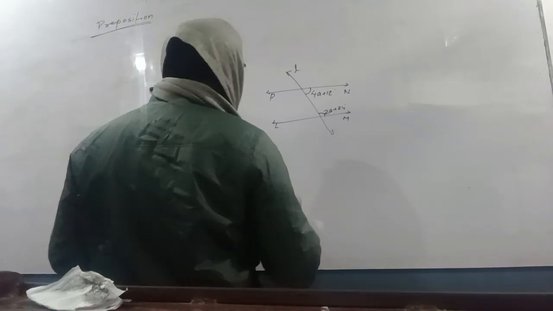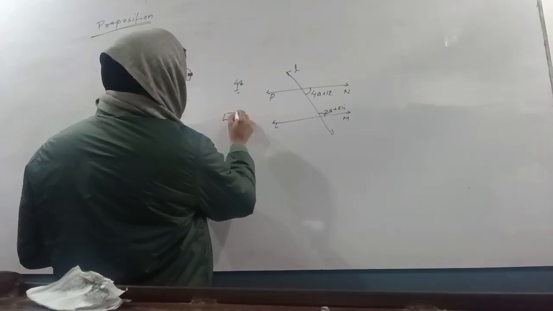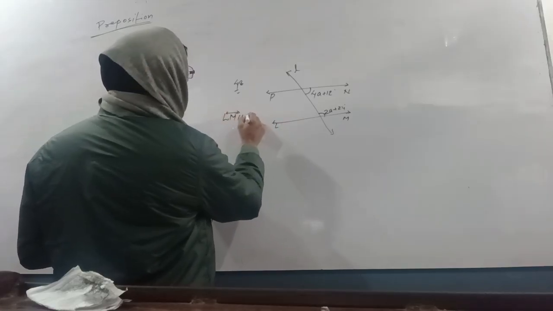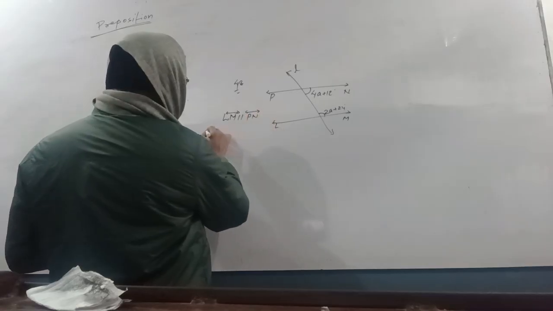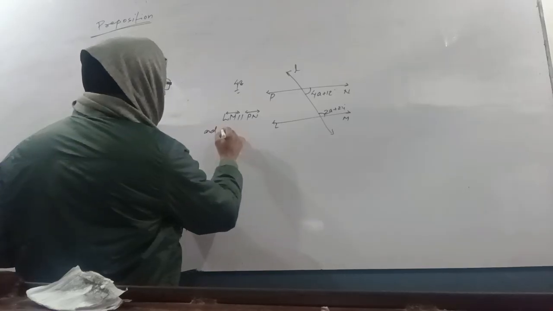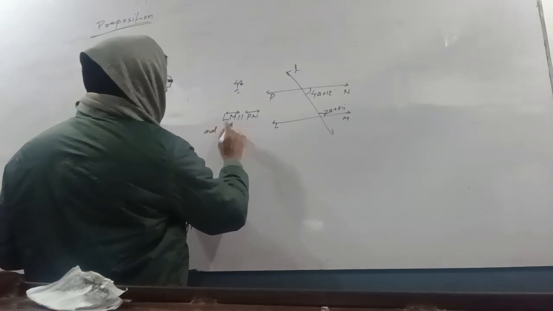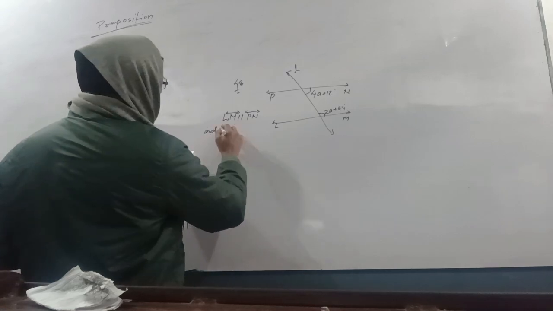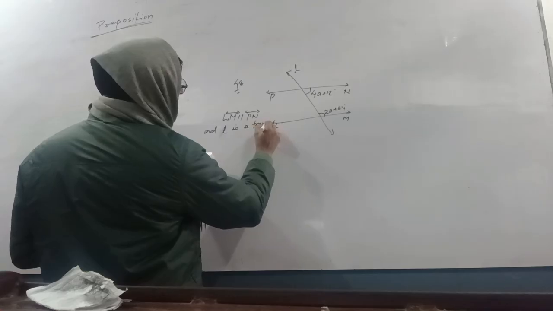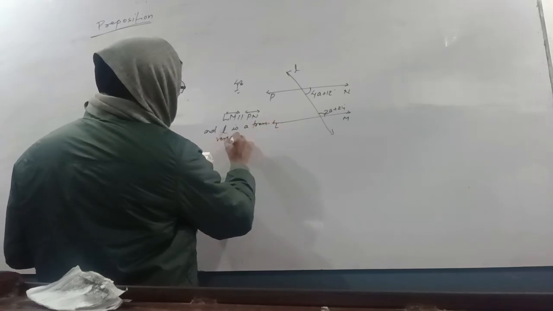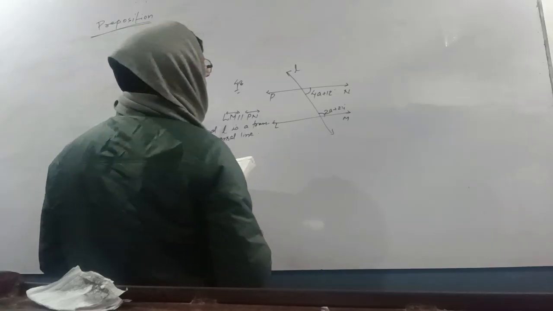So we have line LM parallel to line PN, and L is a transversal line.